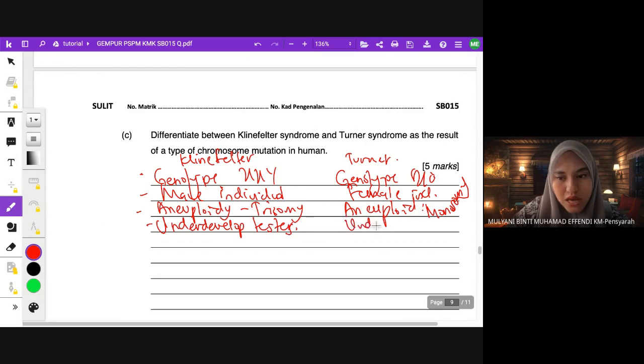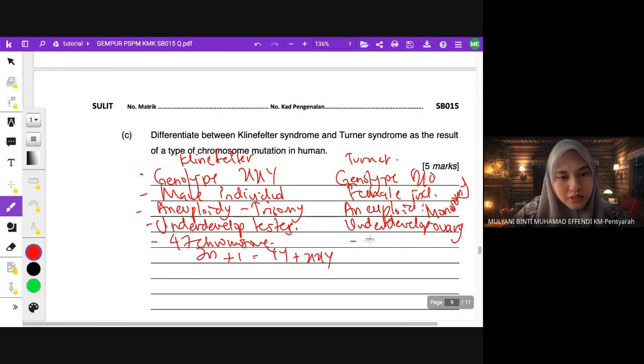Okay. So underdeveloped ovary sebab dia adalah female. Okay. Apa lagi? Lepas tu 1, 2, 3, 4, 5, 6. Okay, yang ni aneuploidy. So ada 47 chromosome, which are 2n plus 1 ataupun sama dengan 44 plus XXY.